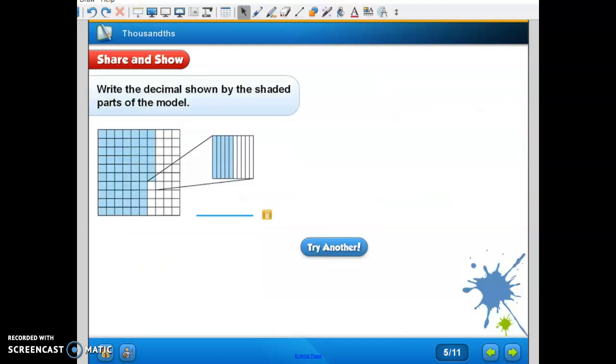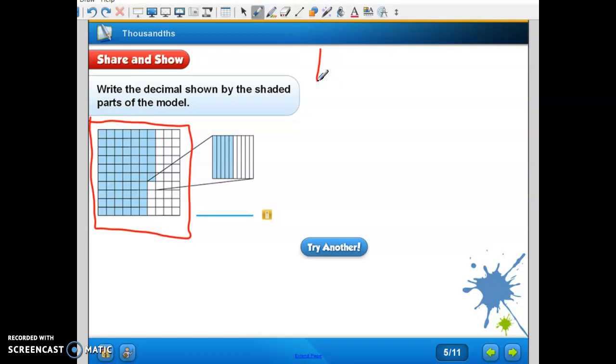Okay, now we're going to turn the page, we're going to share and show. And we're going to write the decimal that follows the picture. When we look at these, this square represents the whole number 1. Okay? That square represents the whole number 1.